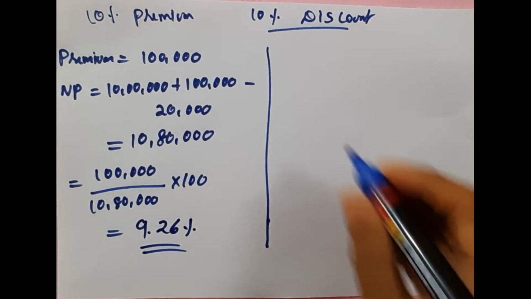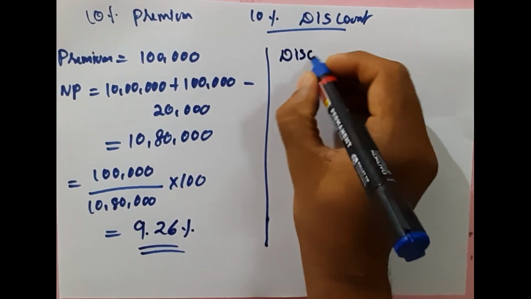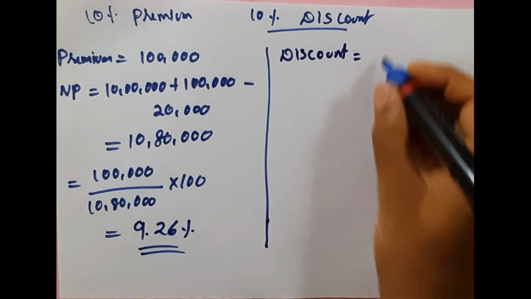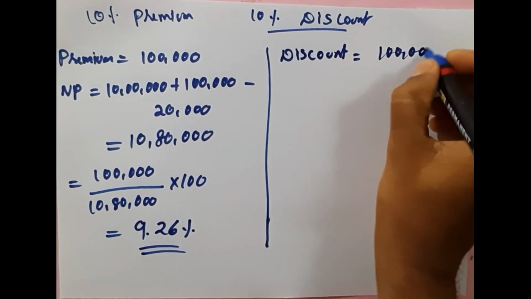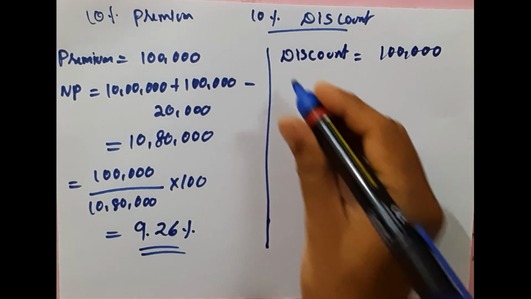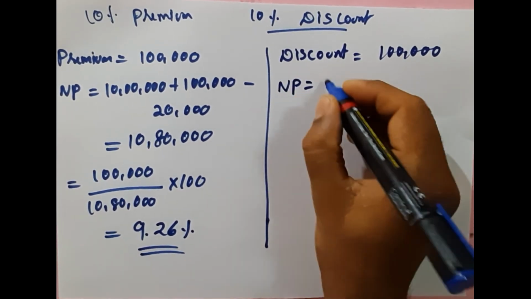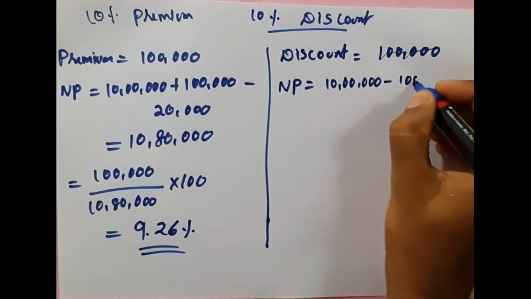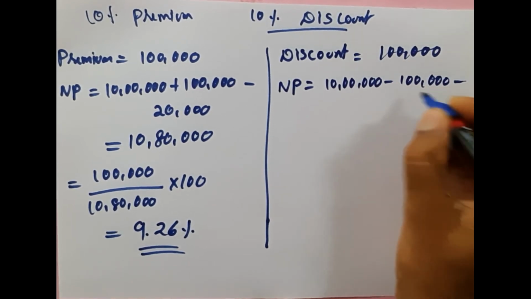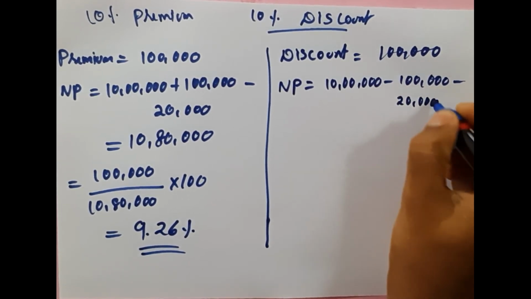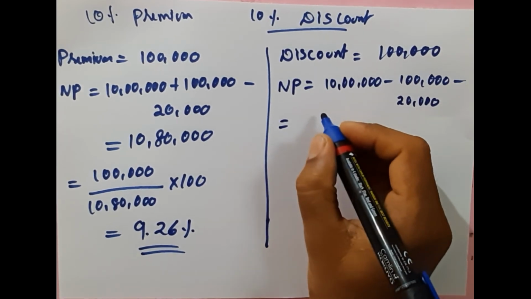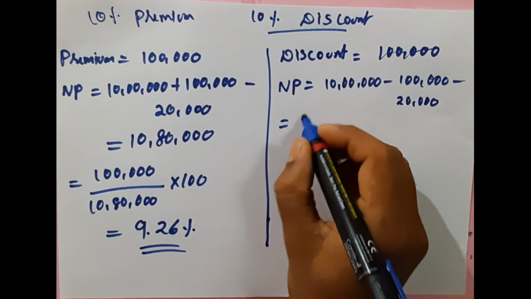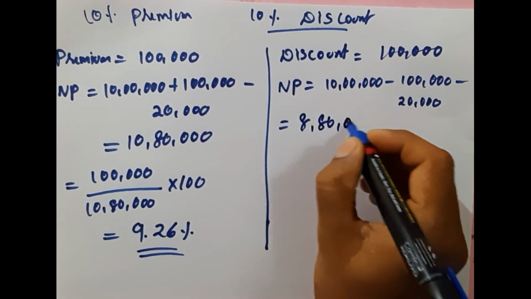If you go for discount, again the discount is 10%. 10% of 10 lakh is 1 lakh rupees. So net proceeds equal to 10 lakhs subtract 1 lakh subtract 20,000, equal to 8 lakh 80,000.